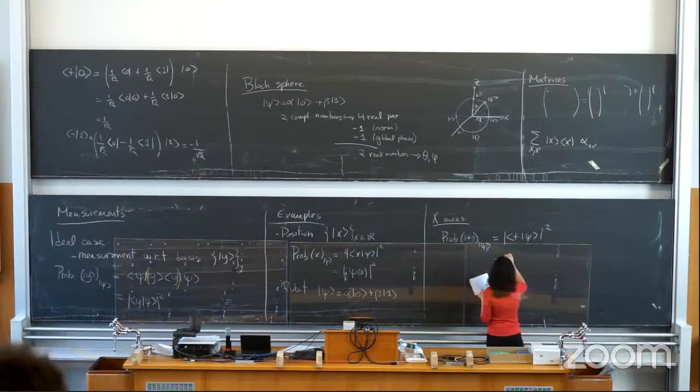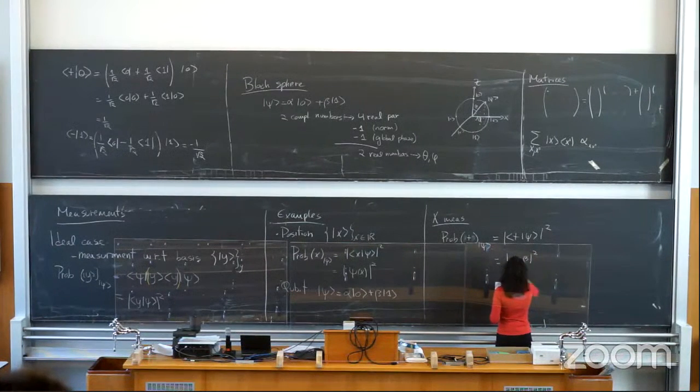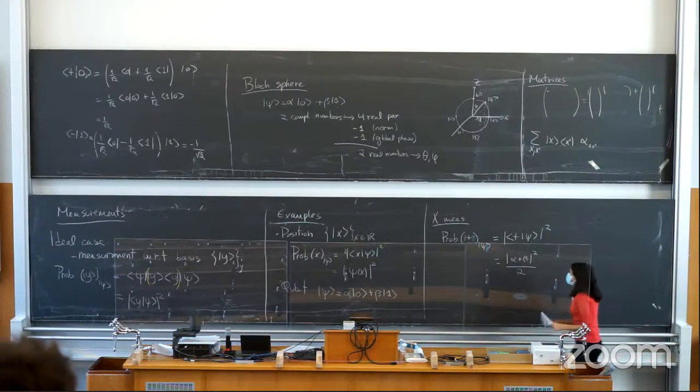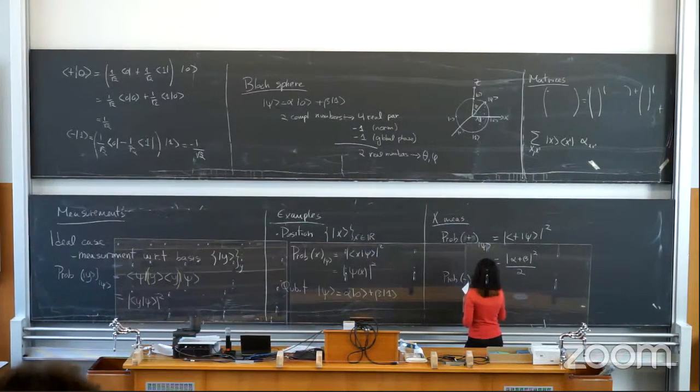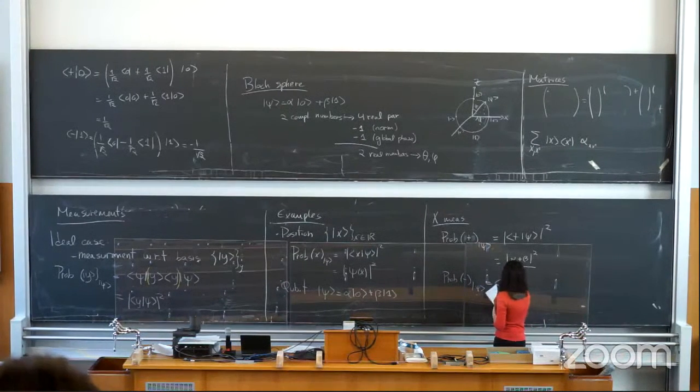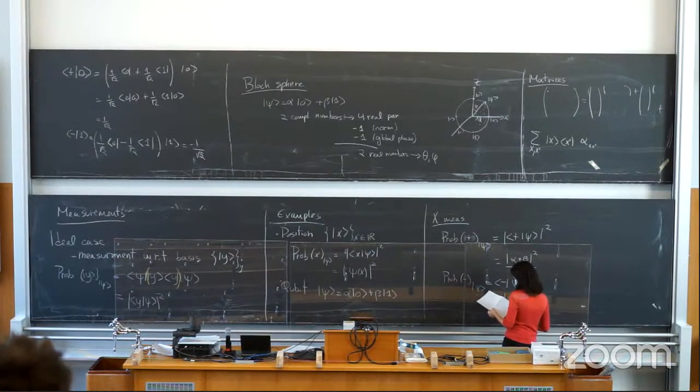That was alpha plus beta over the square root of 2, squared. And what's the probability of getting minus in the same state? Minus with psi, and that's going to be alpha minus beta over the square root of 2, squared.